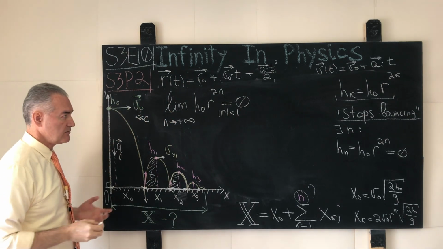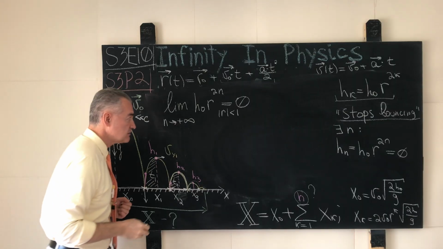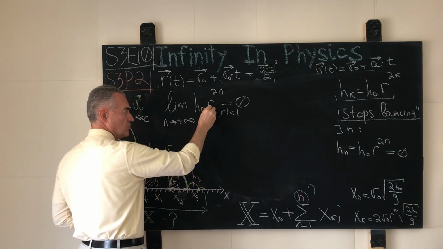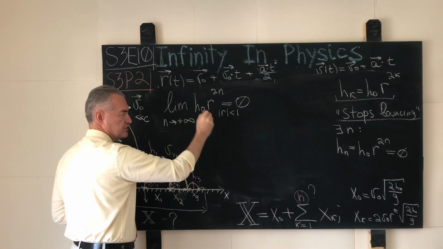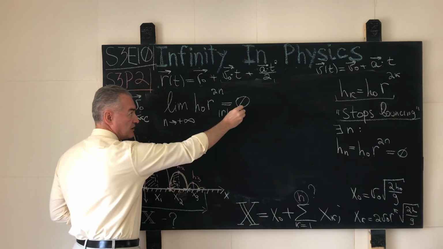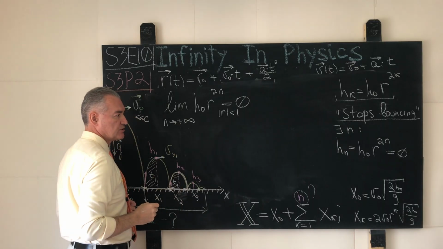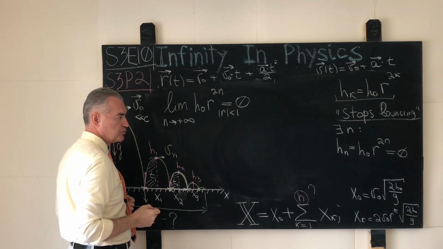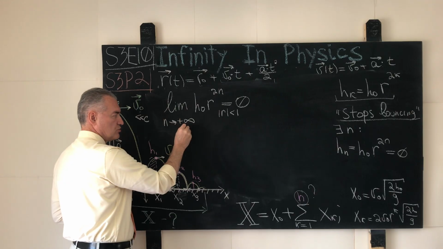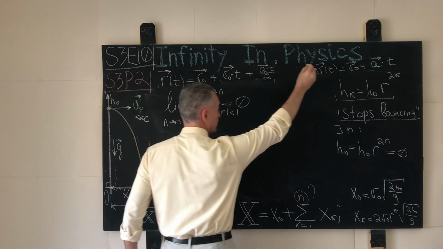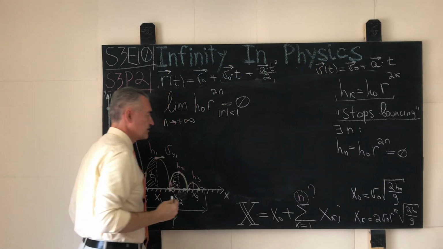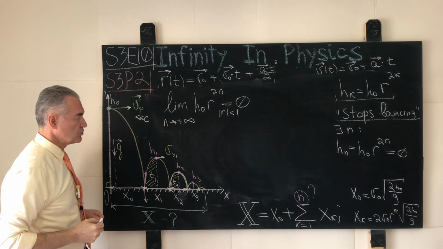This is how mathematics works out. Then, when r is strictly less than 1, the limit will be 0, and that is precisely how the notion of infinity, in this case positive infinity, enters the world of physics, as the title of this episode claims.